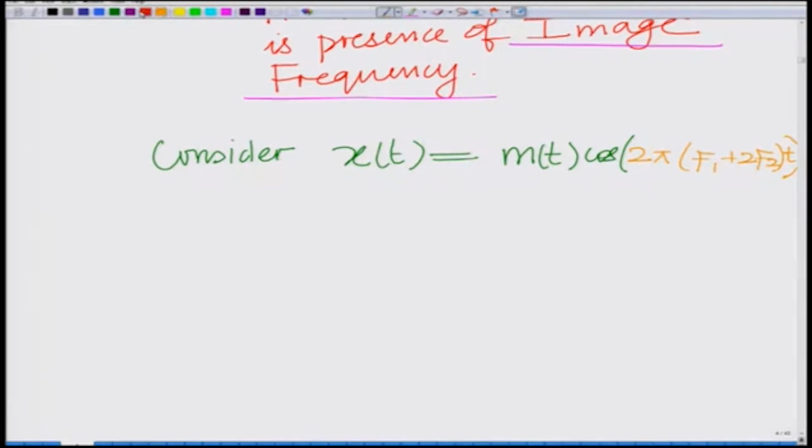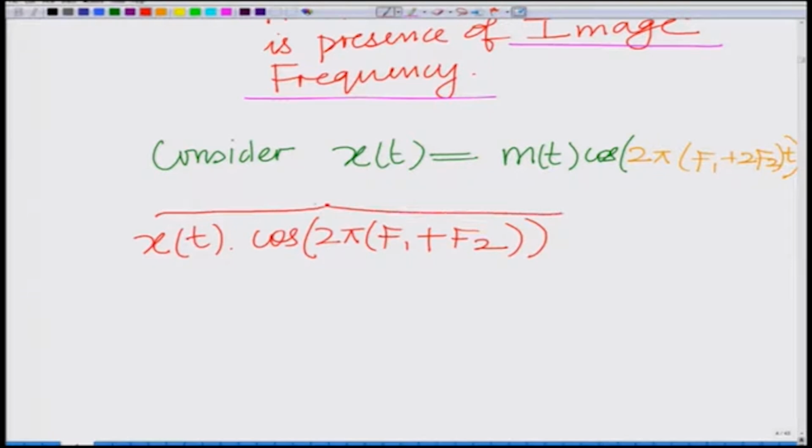This is mixed, heterodyned, with cosine 2 pi (f1 plus f2) t. So, we perform x(t) times cosine 2 pi (f1 plus f2) t. So, this is the signal, this is the mixing, a signal with frequency f1 plus f2.